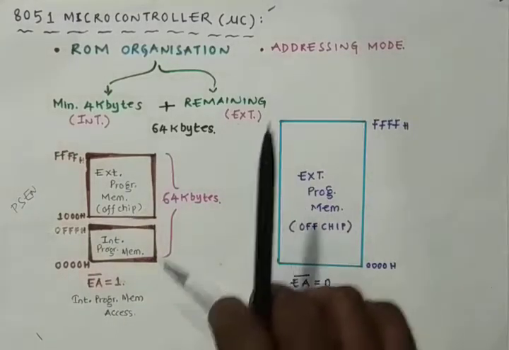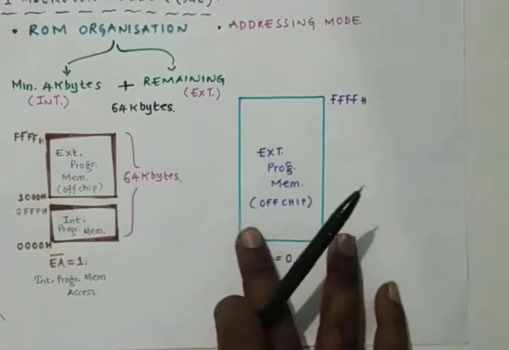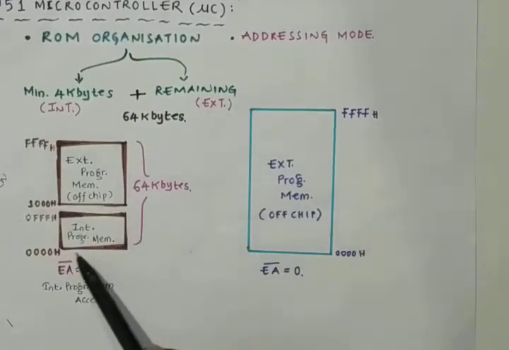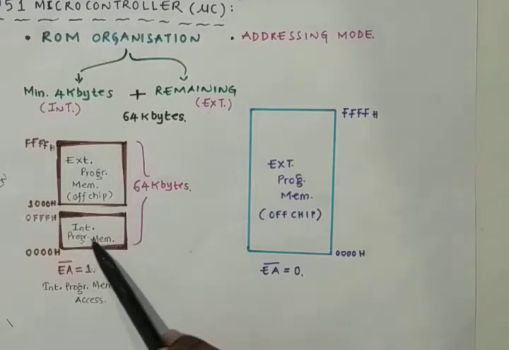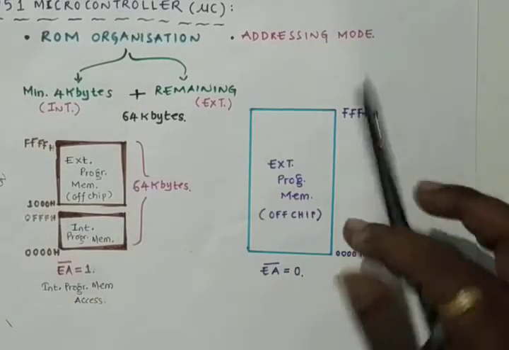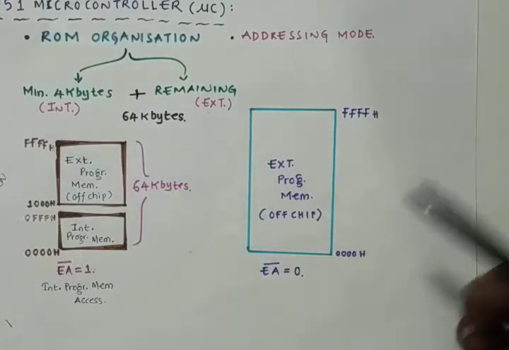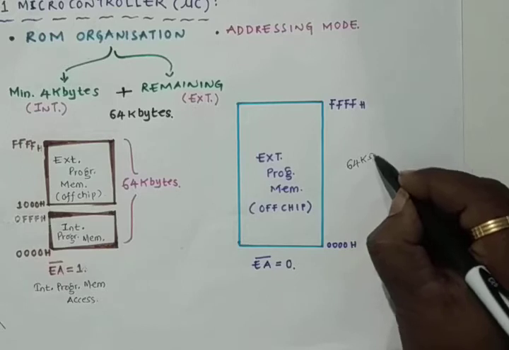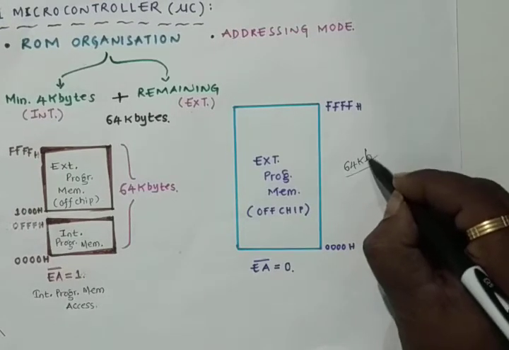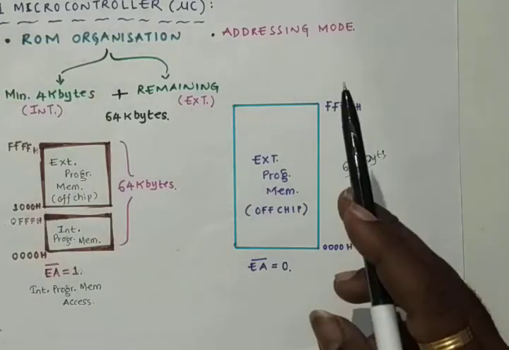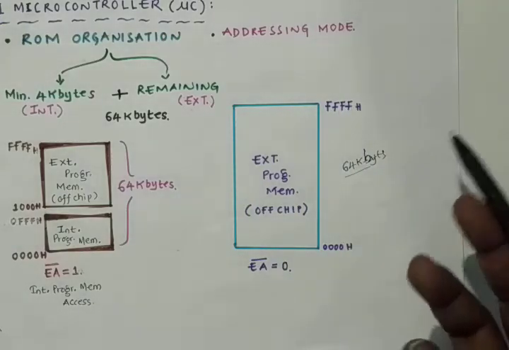And this is about the memory organization of 8051. The minimum we require is the internal program memory, that is about 4 kilobytes. In total, we can have 64 kilobytes of memory, and this total 64 kilobytes can be accessed as external memory.